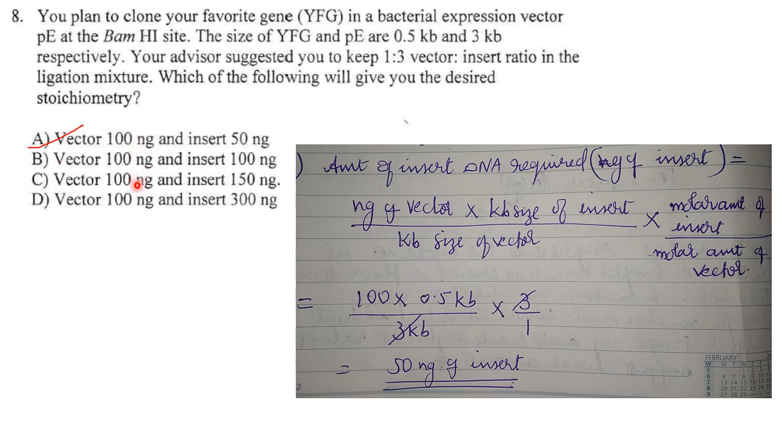In all the options it is 100 nanograms. Kilobase size of insert is 0.5 kb. Kilobase size of vector is 3 kb. And molar amount of insert by molar amount of vector. Here they have given 1:3 as the vector insert ratio, so 3/1. So it will give you 50 nanogram of insert.